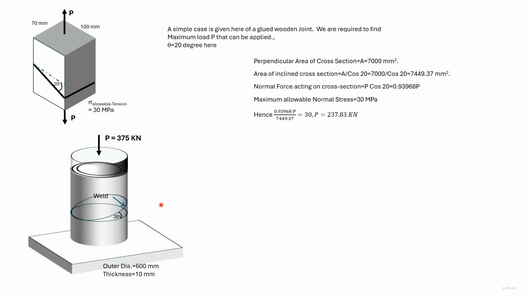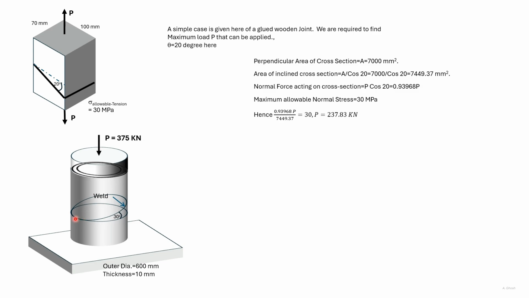Here we have another example. This is a circular tube. The inner portion is hollow here, and the load applied is 375 kilonewton. The weld is at an angle, so we need to find the normal and shear stresses acting on the weld.